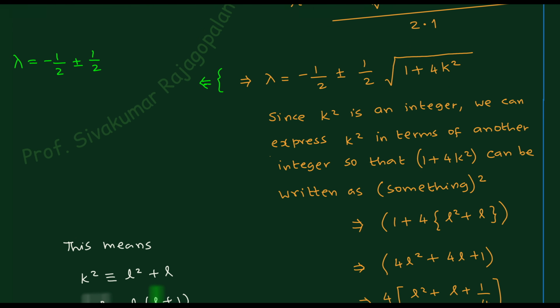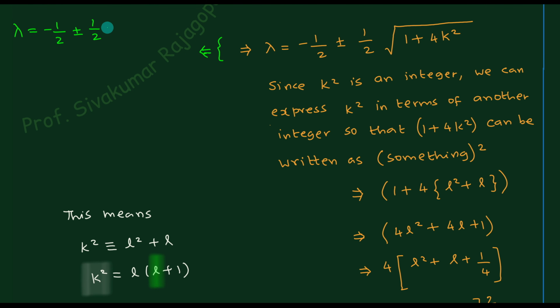So you write down 2 times L plus half, and now you can simplify. You apply the plus and then you apply the minus. After cancelling the 2, we will be able to get the 2 values of lambda.